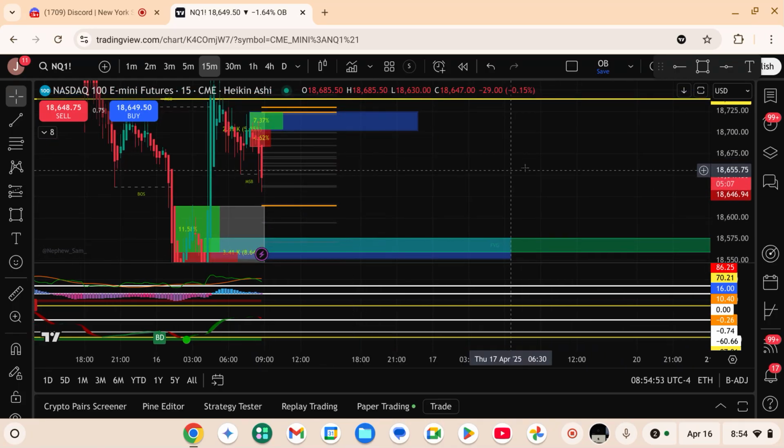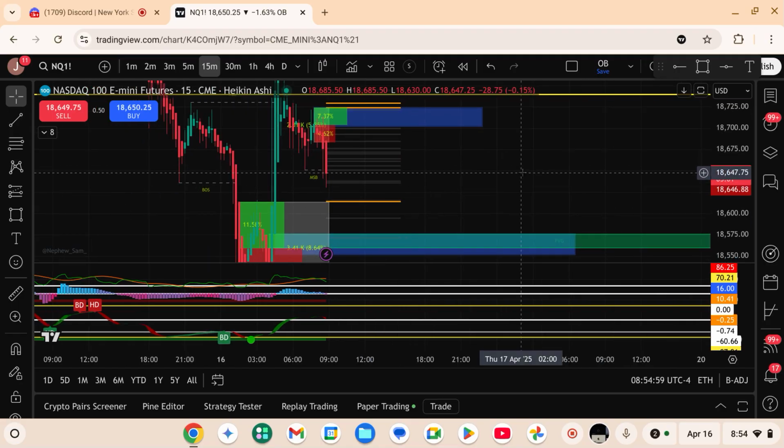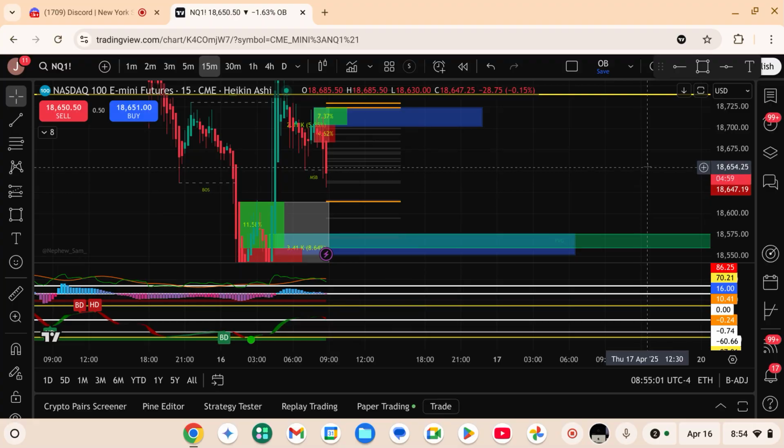And we would target this market structure break for a first TP. Say 18,650.